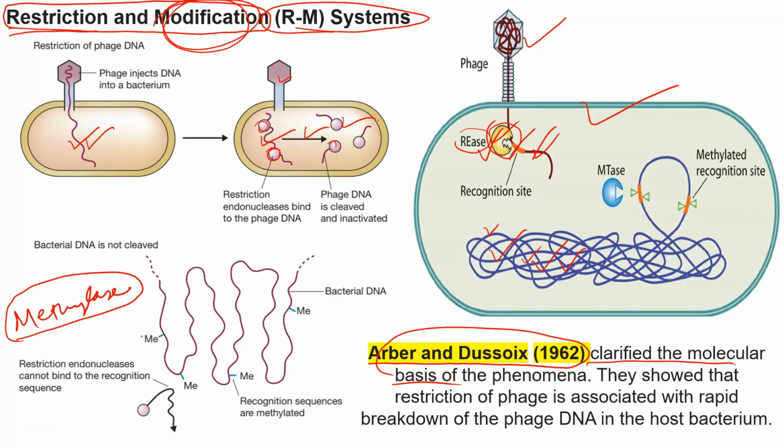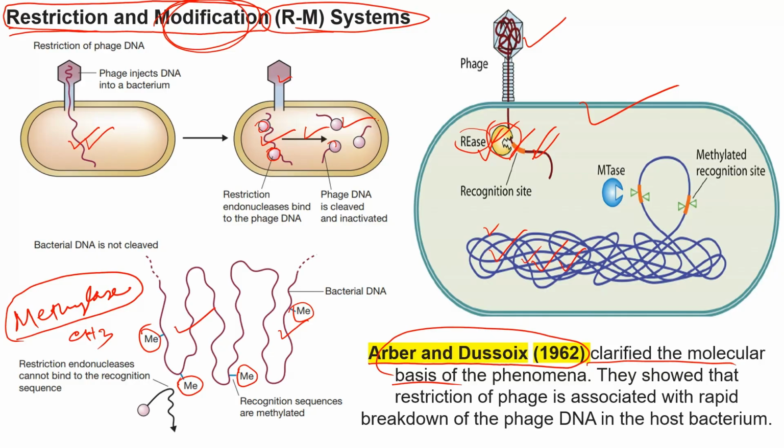Methylase adds a methyl group, CH3, to nucleotides in the DNA chain. Here in this figure you can see Me means methyl group. So methyl groups are added into the bacterial own DNA. That is why the restriction endonucleases are unable to recognize this methylated DNA of the bacteria, and that is why they are unable to digest their own DNA.